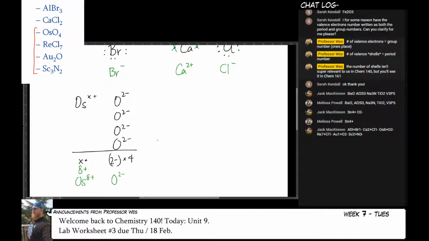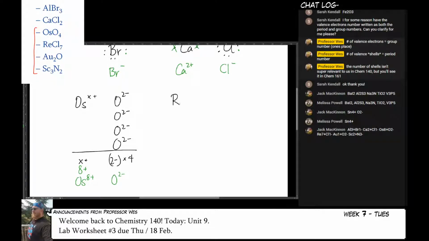They don't follow the octet rule. So there are actually extra electrons available somewhere that osmium is ditching in order to get to a stable configuration. And we'll talk more about that in 161 when we talk about s, p, and d electrons. What we're doing here is pitching all of its d electrons. And there are so many of them that we can get up to an 8 plus charge.